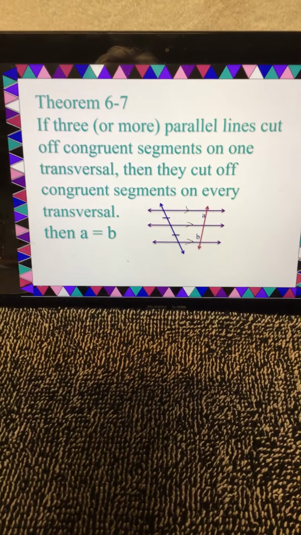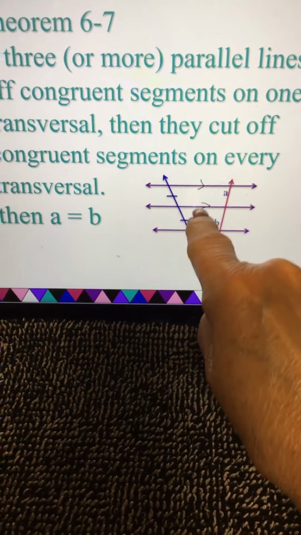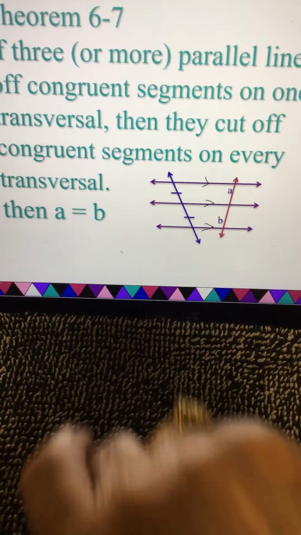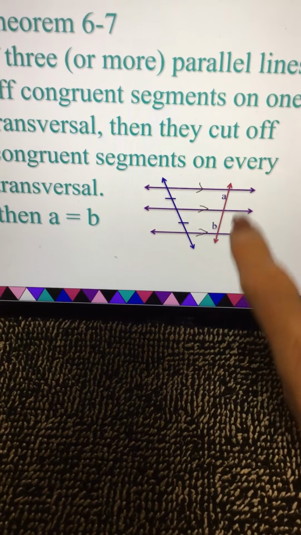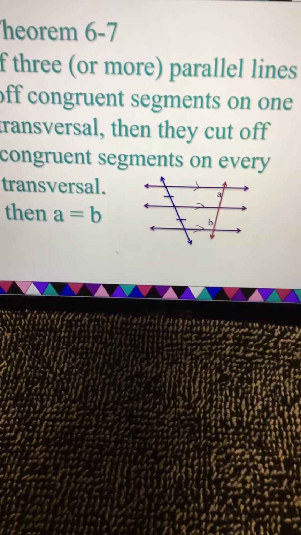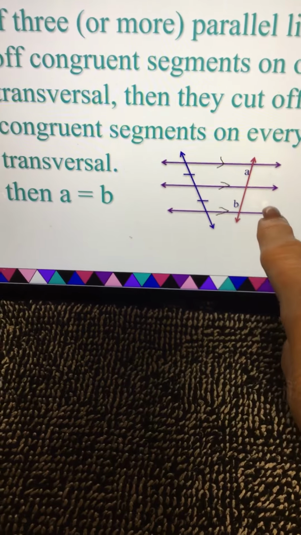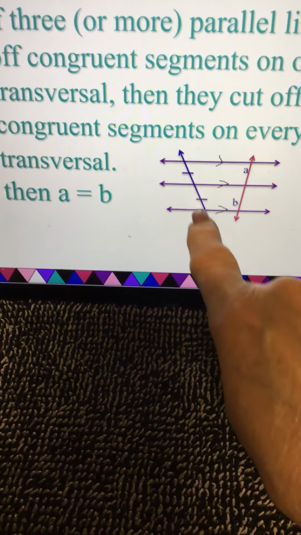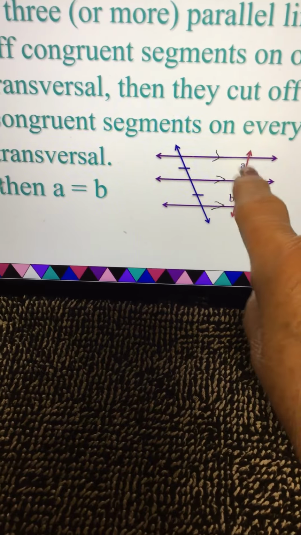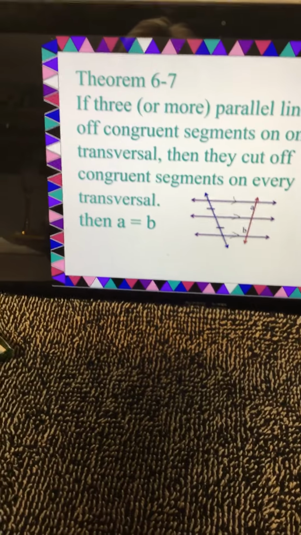So in this situation, if I have 3 parallel lines and I know that one of the transversals has been cut into congruent pieces, then I know that the other transversal has been cut into congruent pieces. Now it doesn't mean that all 4 of these are the same. It just means that the 2 on one transversal are congruent to each other, then the other 2 on this transversal would also be congruent.